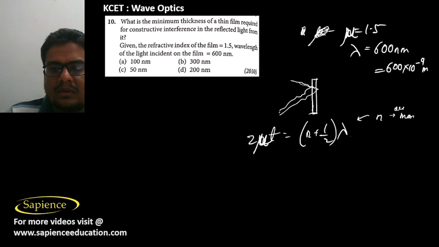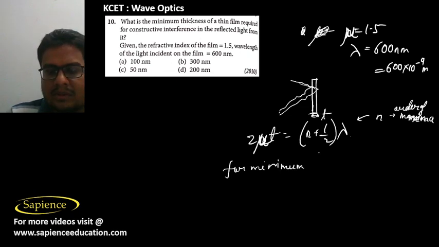So for minimum thickness t, n should be equal to 0.